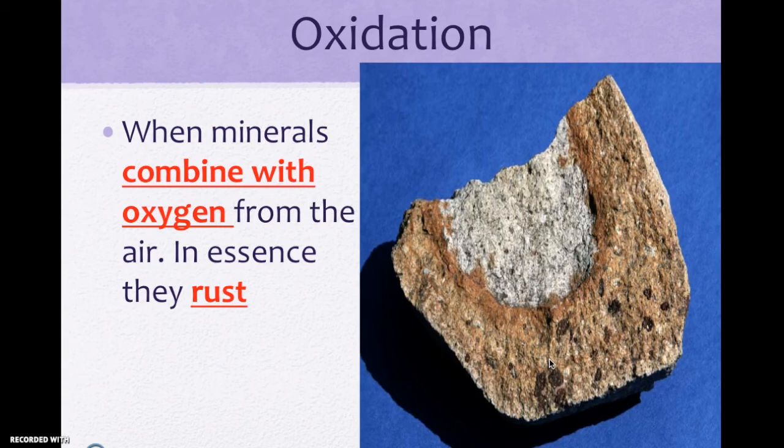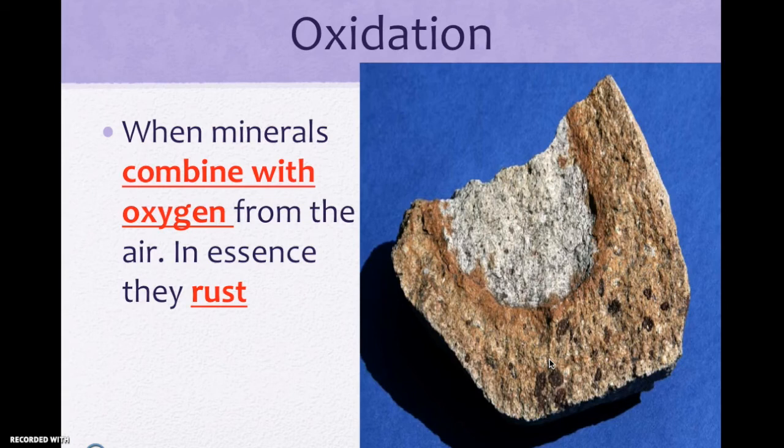One major form of chemical weathering is called oxidation. Similar to if you left your bike out in the rain and it rusted, that's oxidation, but on rocks, okay? Because oxygen is a wonderful element. It loves combining with stuff, which is part of the reason why we breathe it in and use it in our bodies.